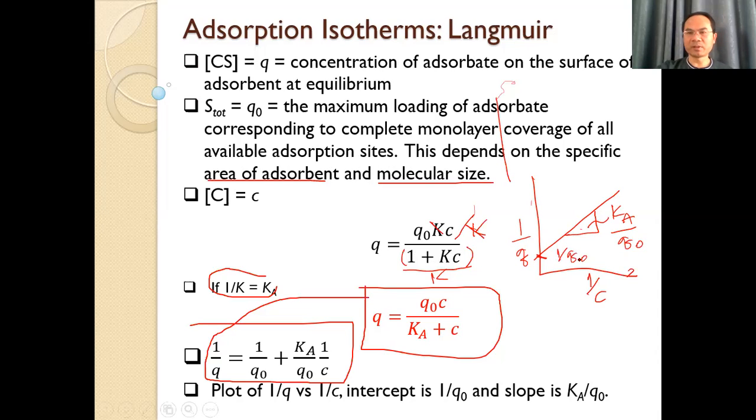If you plot 1 over Q versus 1 over C, you can determine Ka and Q0. If you have the data from experiment, you can calculate Ka and Q0.